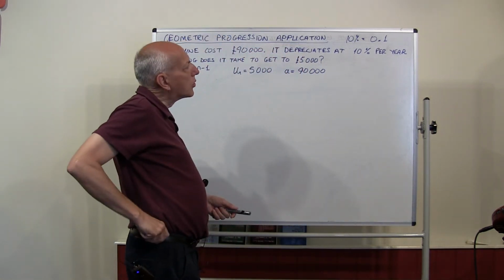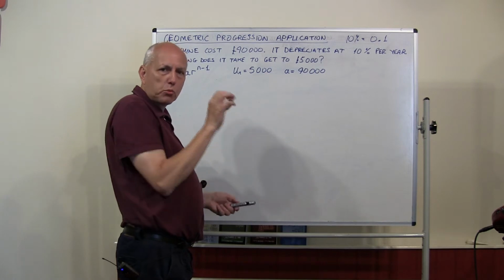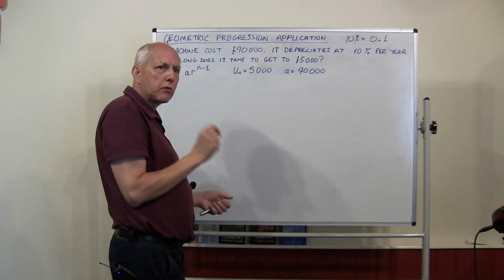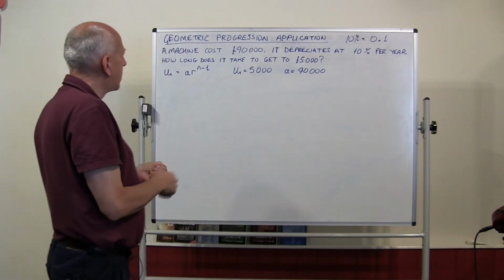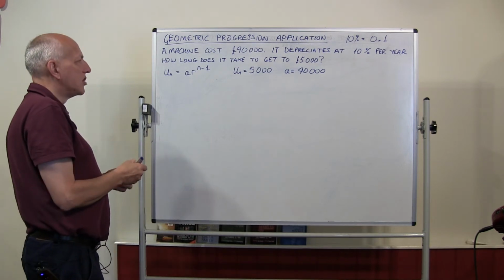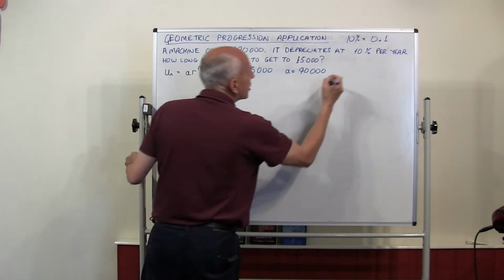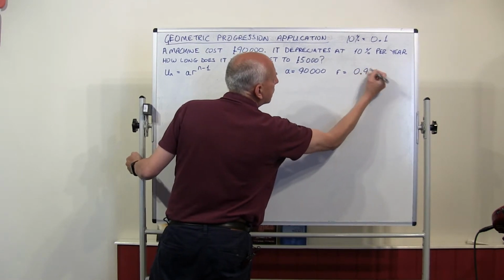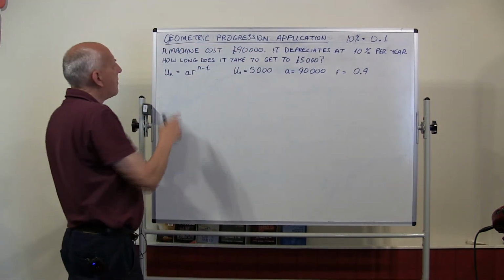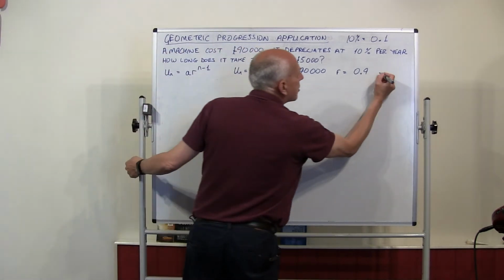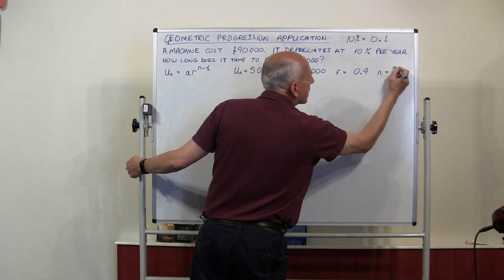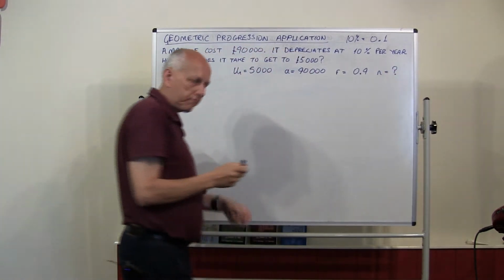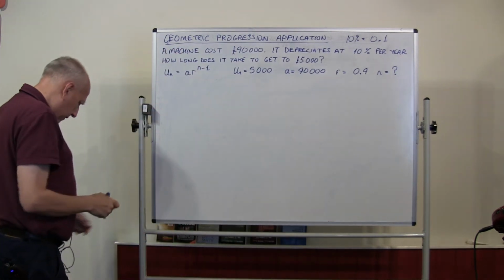But it's depreciating, so after 1 year, it's only worth 90% of what it was. What's 90% of it each year? So the common ratio R is going to be 0.9. And then n we do not know, so that's what we're looking for.